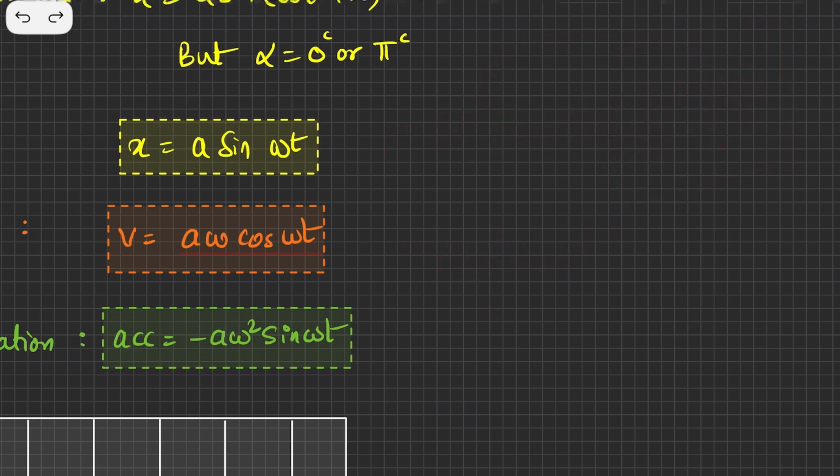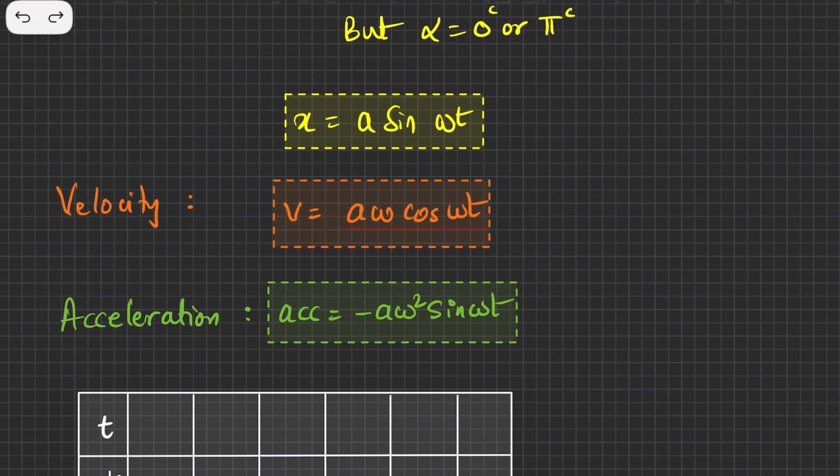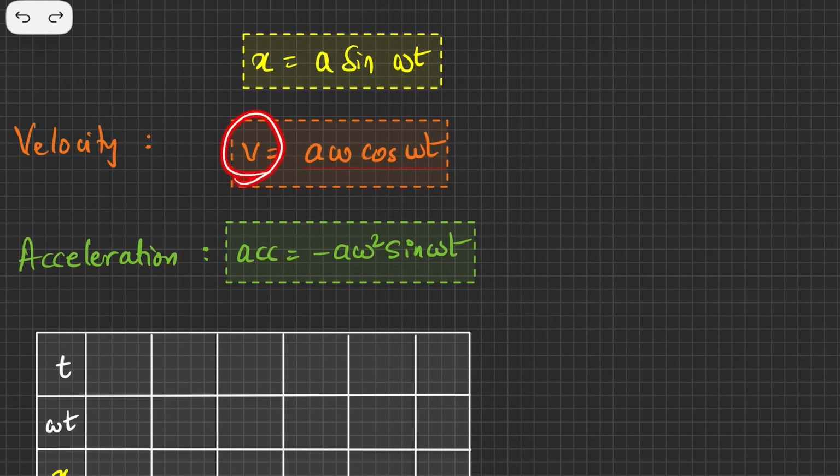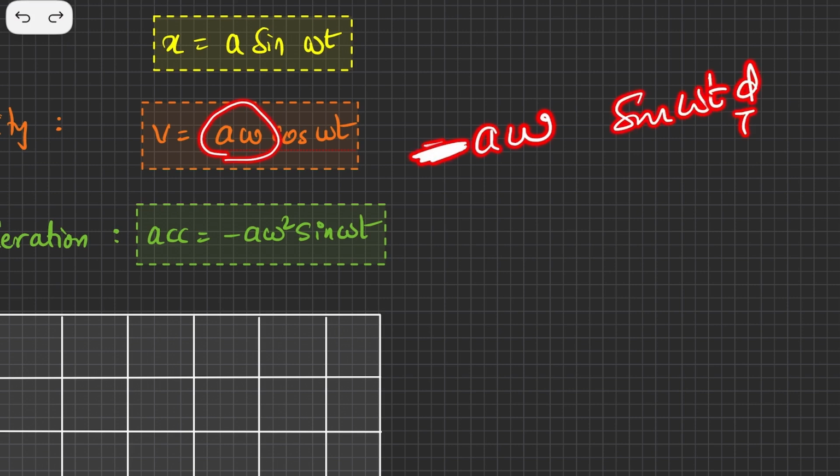That omega I am writing over here. So now it is a omega cos omega t. So velocity is found out, displacement is found out. Now if I differentiate velocity, I'll get acceleration. Since a omega is a constant, it stays outside, and the derivative of cos is minus sine, so I'll write minus sine omega t, and the derivative of omega t separately.